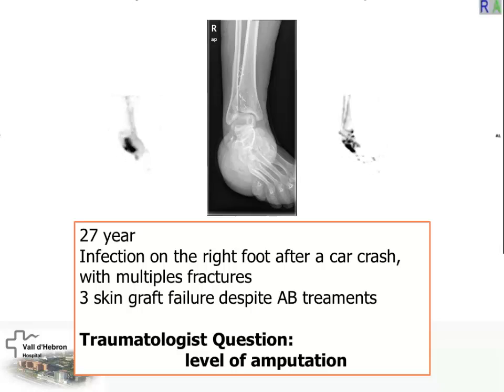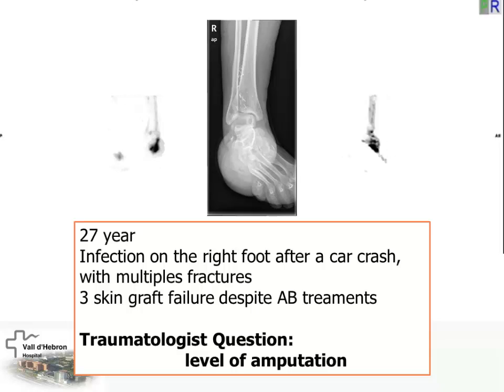Can somebody tell me which is the tracer on the left and the tracer on the right? On the right is fluorine. It's easy because you can see the bones. And on the left, what is the tracer? FDG.